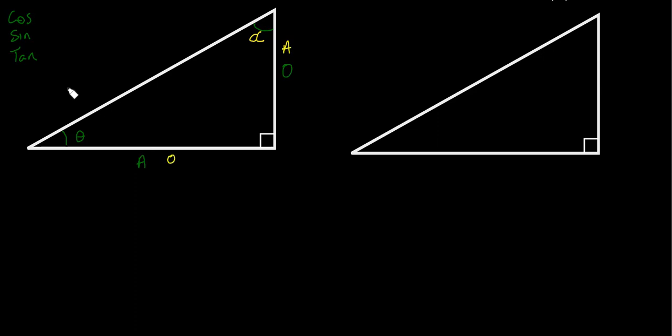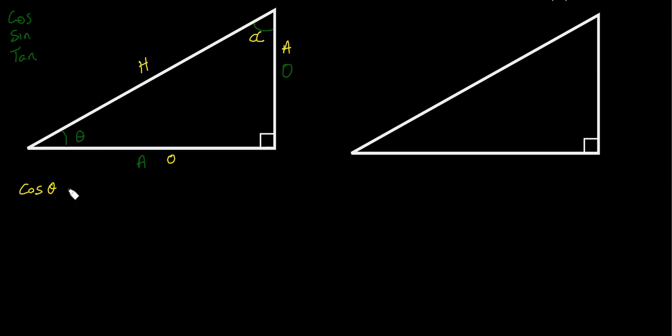Okay. So if you are to look for cos theta, the hypotenuse remains the same. Cos theta is going to be adjacent over hypotenuse.